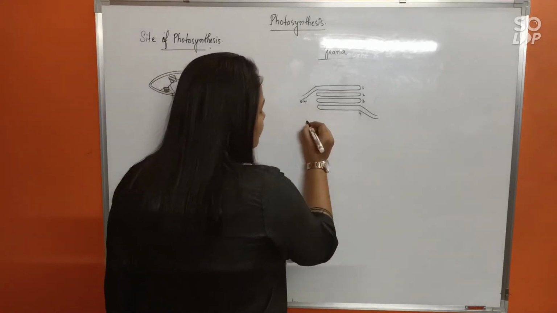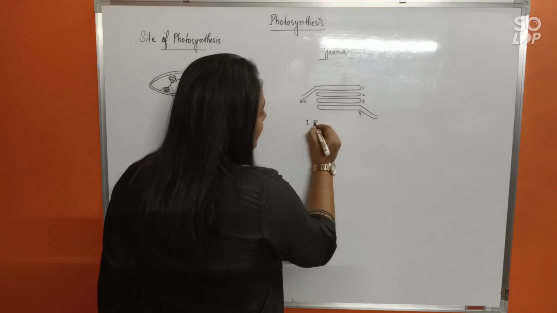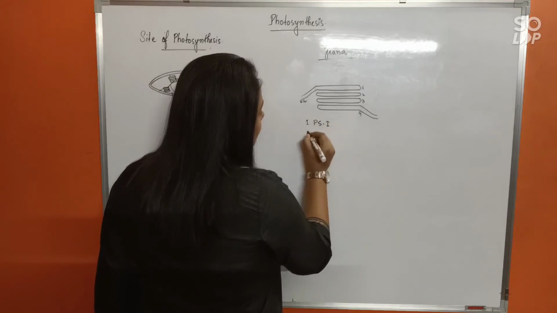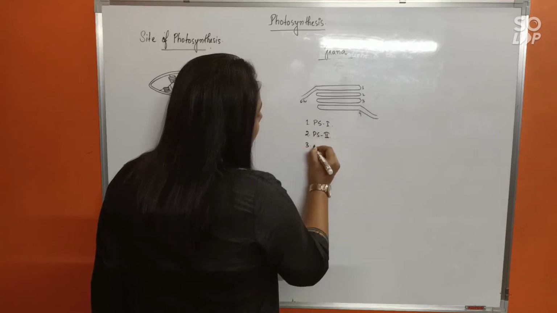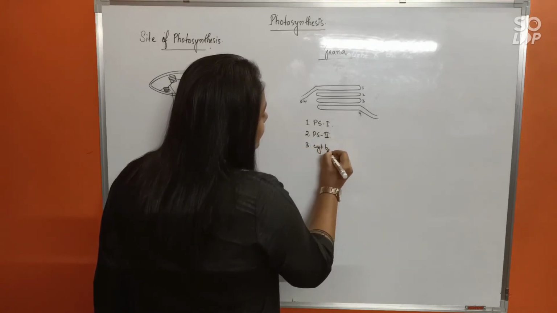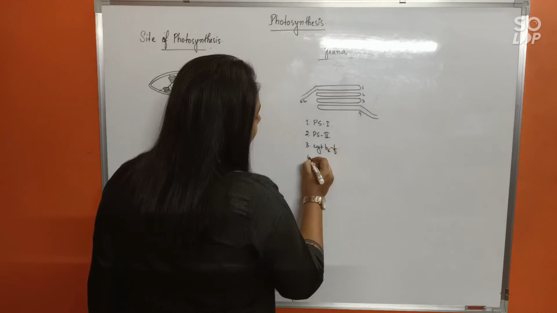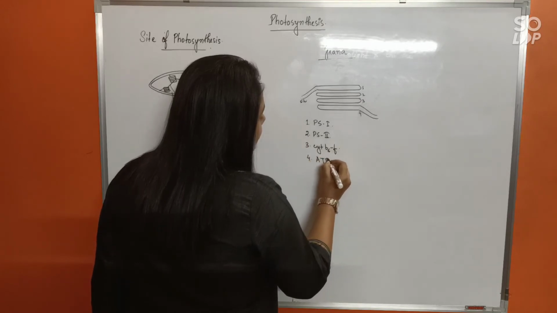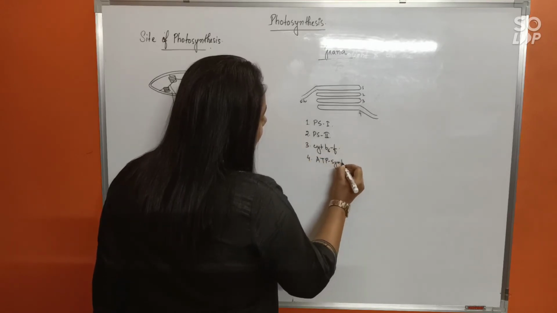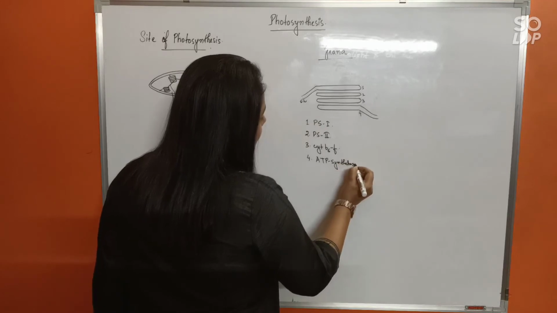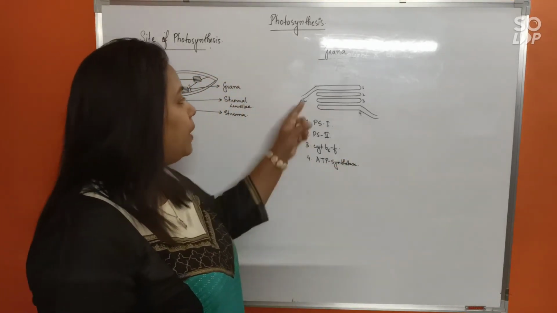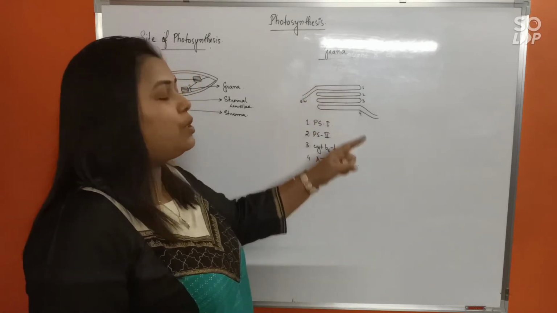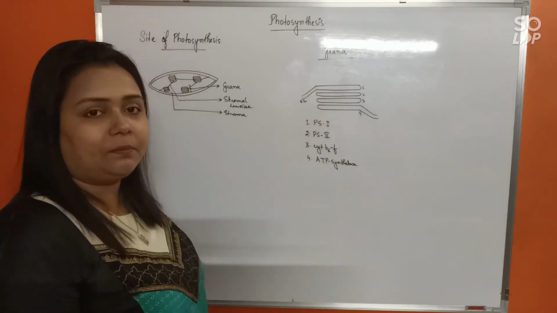There are mainly 4 complexes present: PS1, PS2, cytochrome B6F complex and ATP synthase. Okay, these are the 4 types of complexes which majorly would remain associated with the thylakoid membrane.